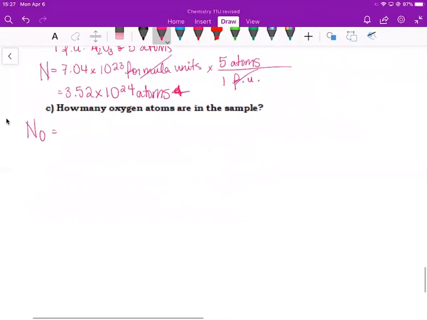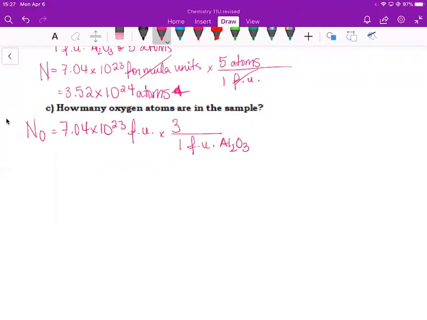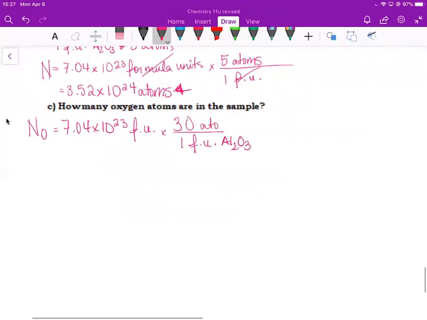So I have 7.04 times 10 to the 23 formula units. And in one formula unit, okay, so think about it. I have Al2O3. There's 3 oxygen atoms. And so when you multiply that together, you get what?